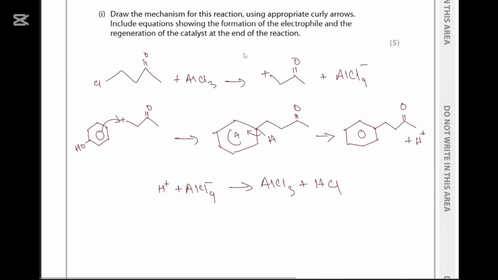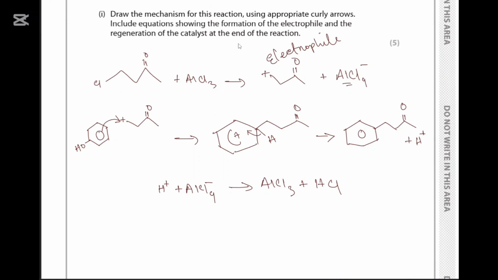Here we add aluminum trichloride, AlCl3, which acts as a catalyst, and this takes away this chlorine atom. This chlorine atom gets attached to the AlCl3, and it forms this electrophile, right? This electrophile is attacked by the phenol via the pi bonds, and then it gets bonded with this one.